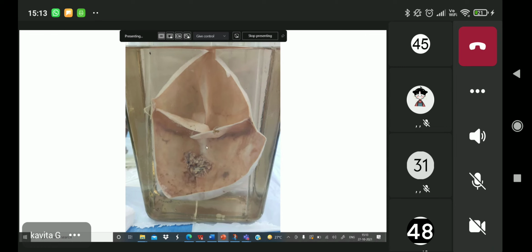What is this, by the way? This is also the ovary. So in the ovary, what could it be?